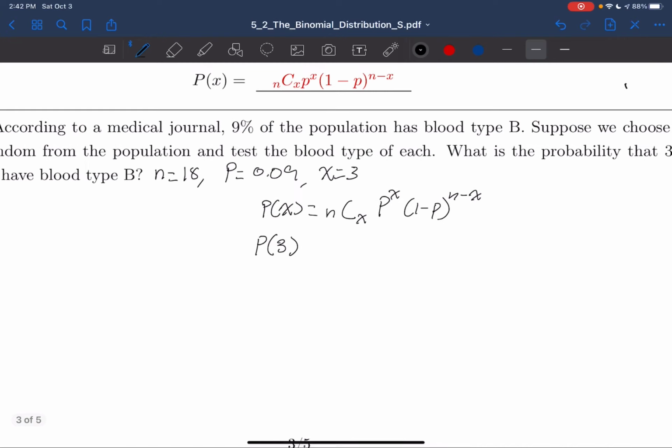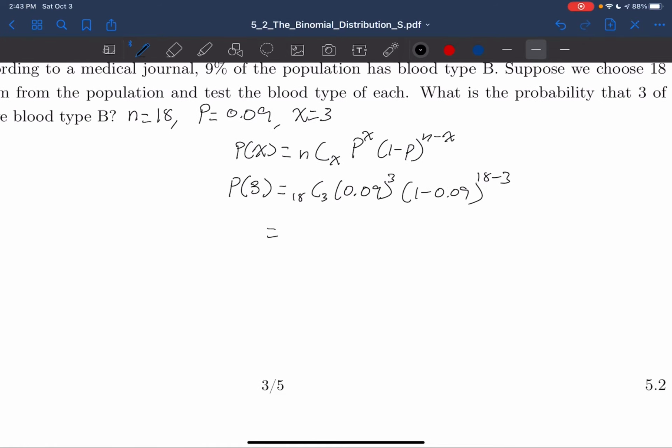Now we can just fill in the missing pieces. This is equal to 18 choose 3 times 0.09 to the power of 3 times 1 minus 0.09 to the power of 18 minus 3.